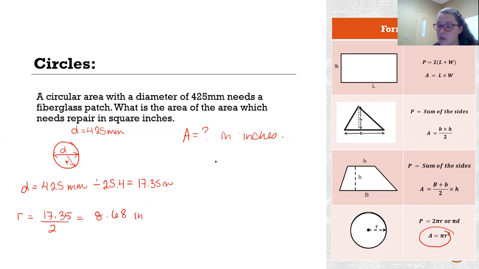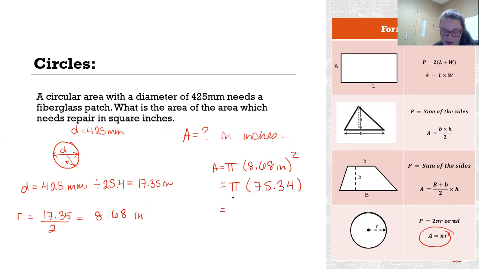So plugging it into our formula, area is equal to pi times the radius, 8.68 inches squared. This is where our squared inches comes from because we square our radius. So pi times whatever 8.68 squared, 75.34.